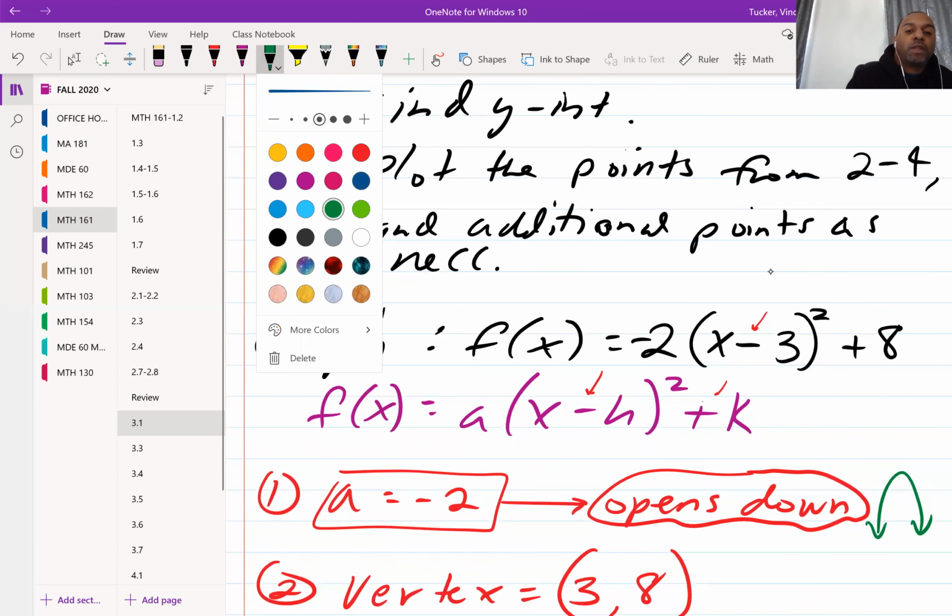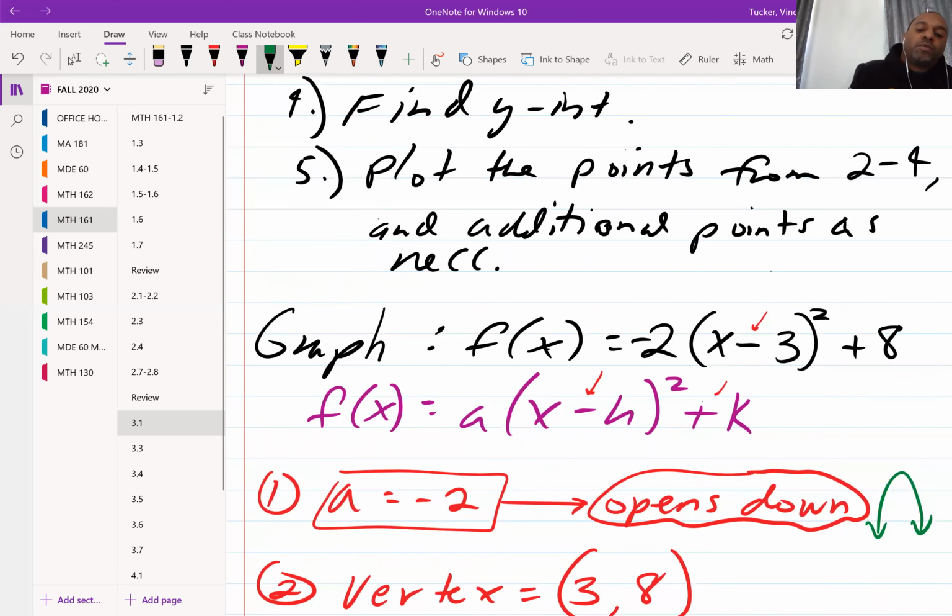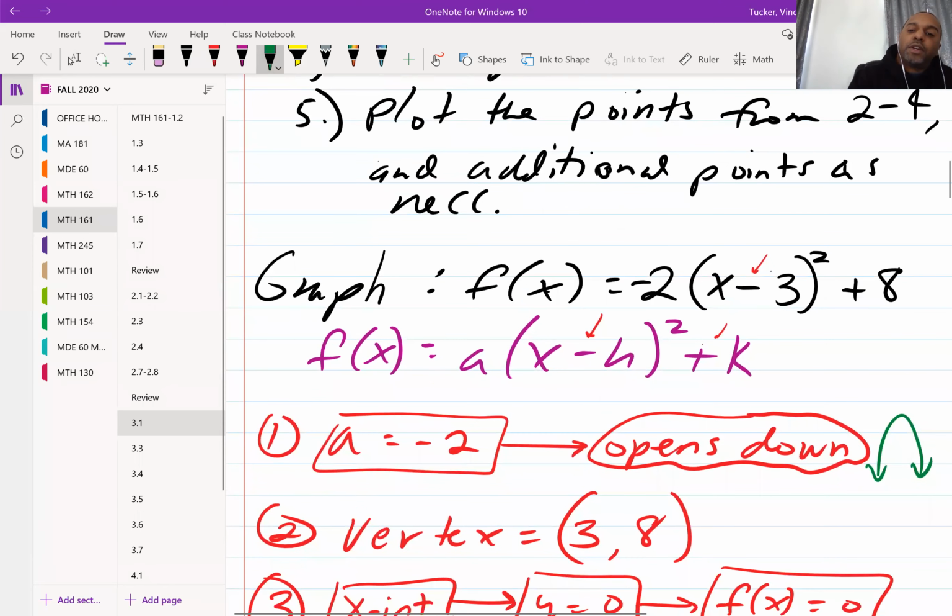Next, we want to determine our vertex. Going back to our standard form formula, h and k are right here. That will be the x and y coordinate of our vertex. We have to be careful here and look at our signs.